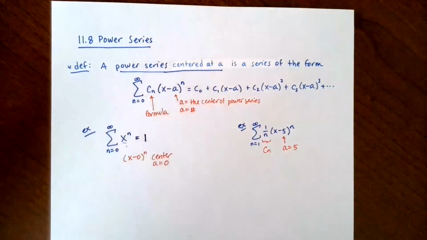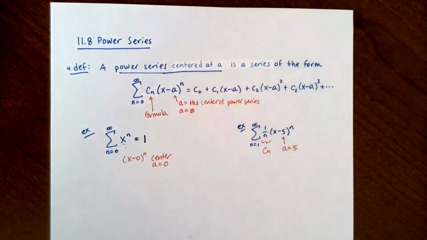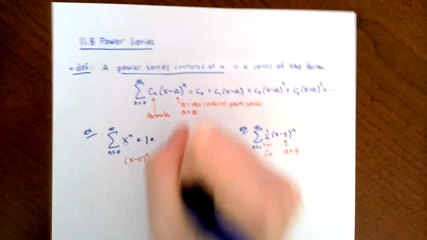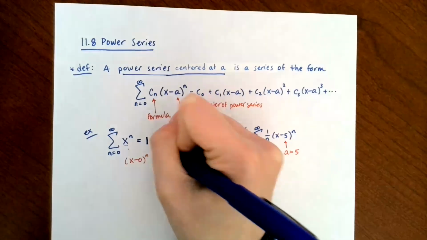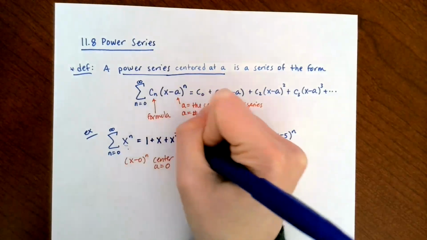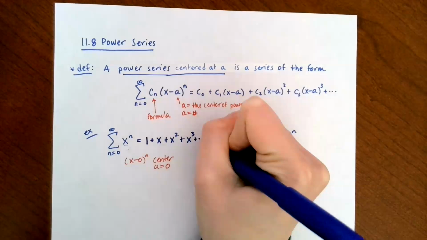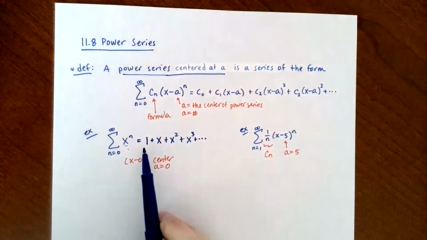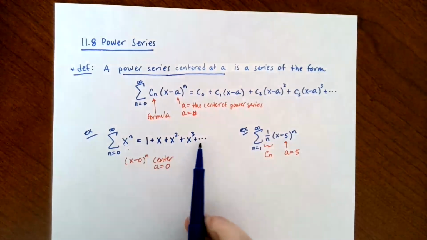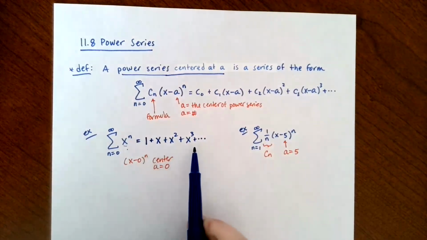Even though technically if x is 0, you would have 0 to the 0. Our convention is just anything to 0 is 1 in this context. And then we would add. The n equals 1 term is just x. And then n equals 2, n equals 3. And this version of my power series is really showing you the infinite polynomial situation.